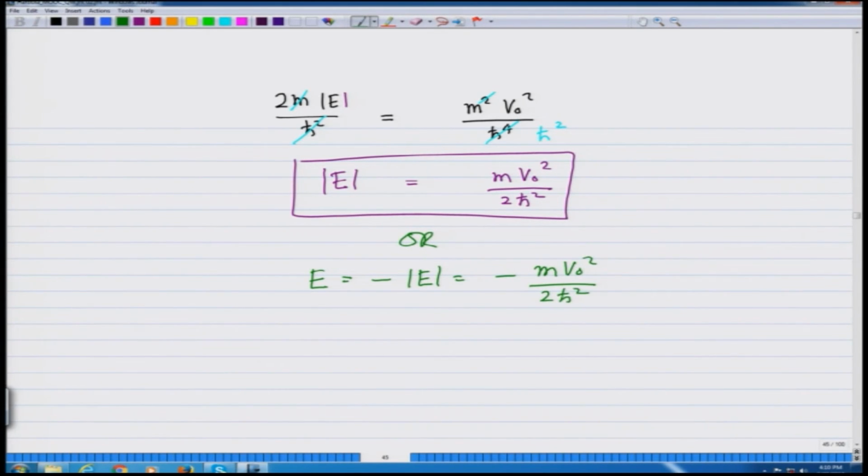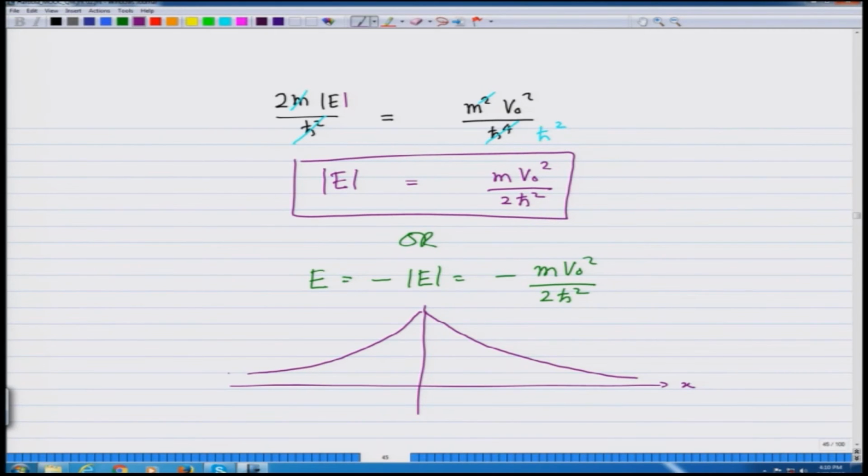How does the wave function look? The wave function, if I plot it along the x axis, is exponentially decaying on the right hand side, exponentially decaying on the left hand side. D psi by dx is discontinuous at x equals 0, and the energy E equals minus m V 0 square over 2 h cross square.